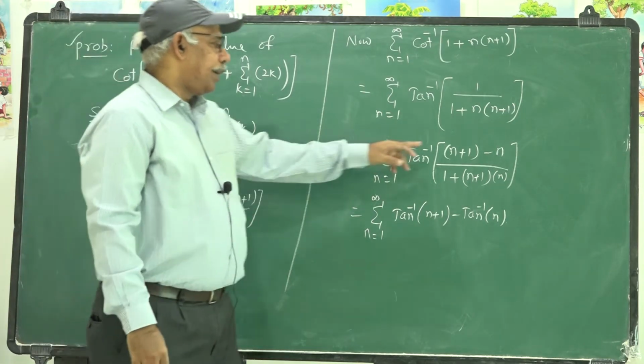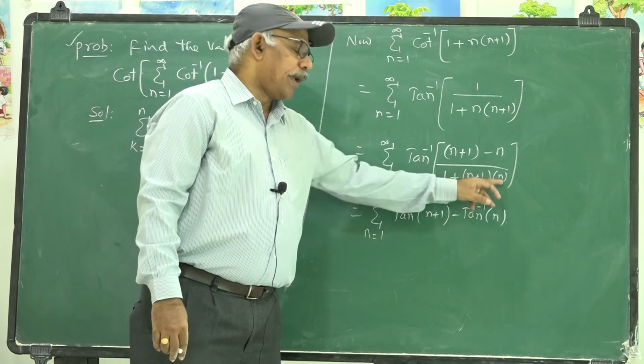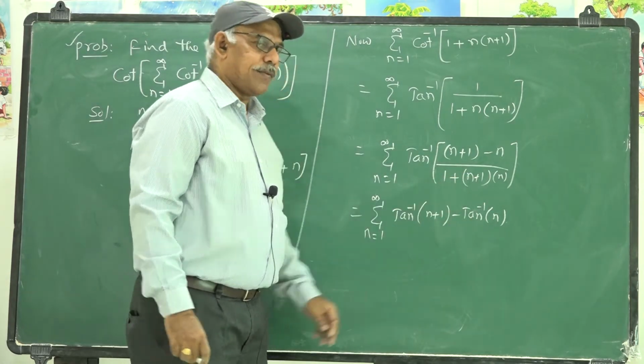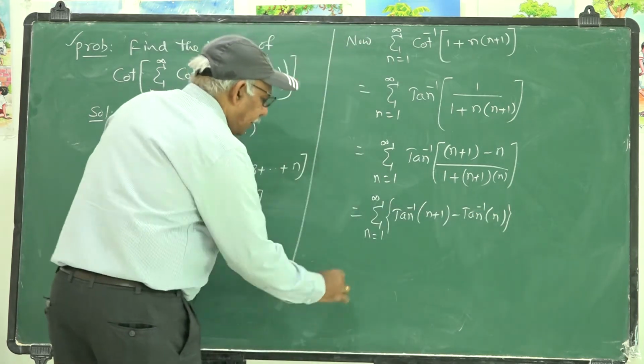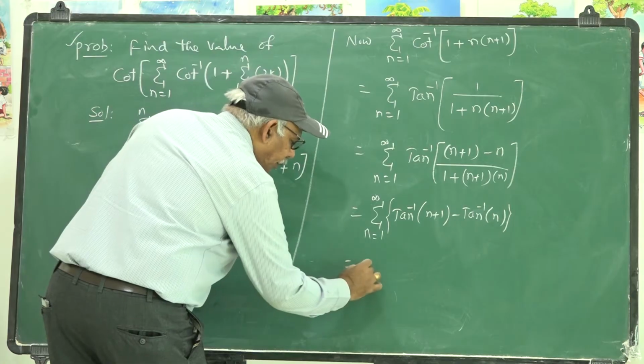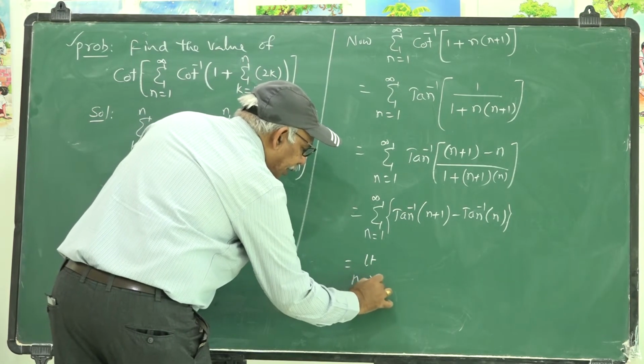Tan inverse of a minus b by 1 plus ab is tan inverse a minus tan inverse b. Now this is limit as n goes to infinity.